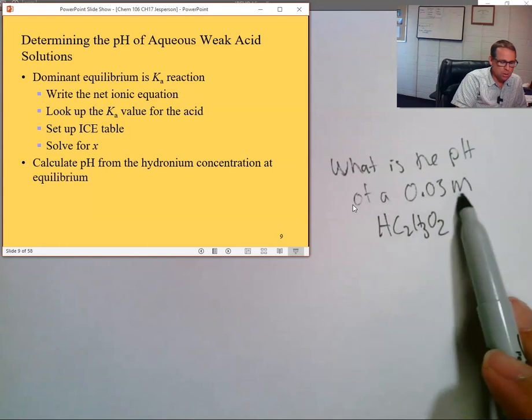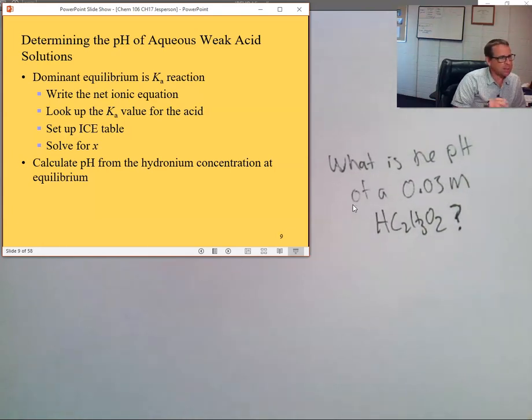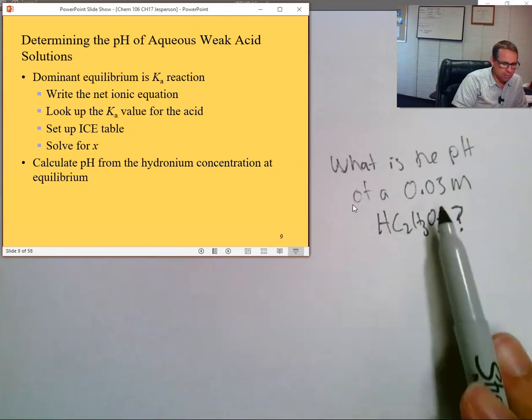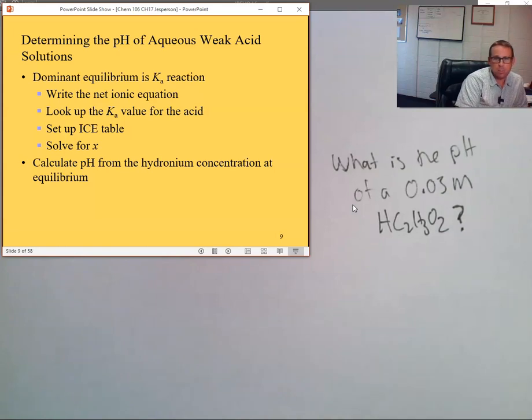What's the pH of 0.03 molar acetic acid? Can I take the negative log of this concentration and just have that be the pH?